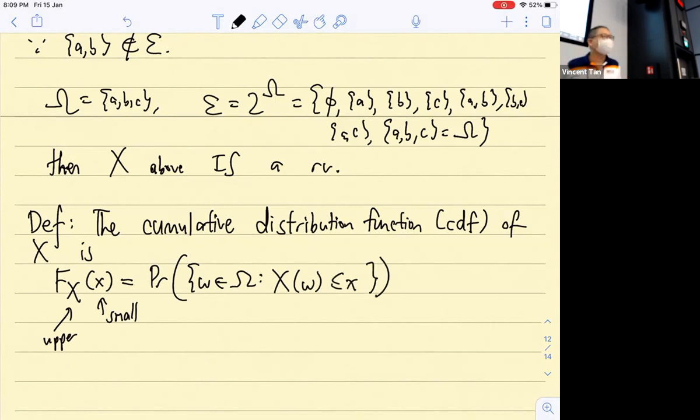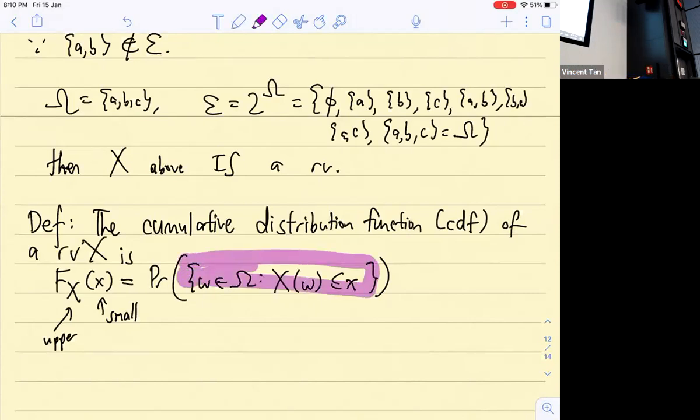Now, at this point, you have to ask the question: can I write this down? Yes, I can, because X is a random variable. This means that this set here is actually an event, which means that I can plug it into the probability operator.